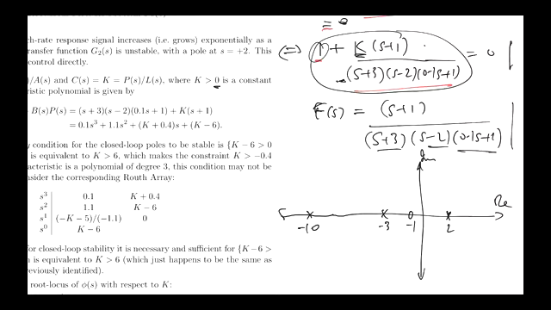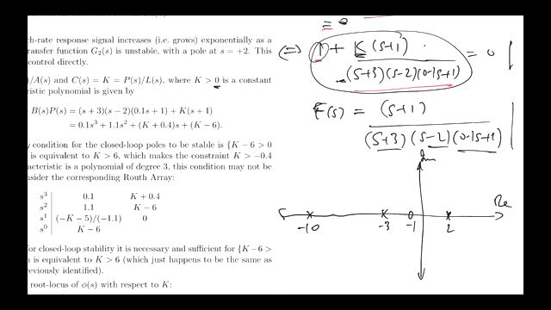So for small values of k, we expect to get 3 points that will be close to these poles. As we start increasing k from 0, those 3 points will move, and they'll move along what's called the root locus, the locus of the roots, as we vary k. So let's try to figure out what the locus of the roots might look like as we vary k.